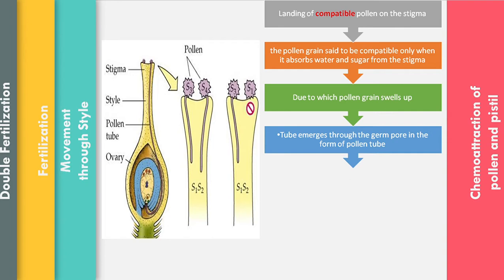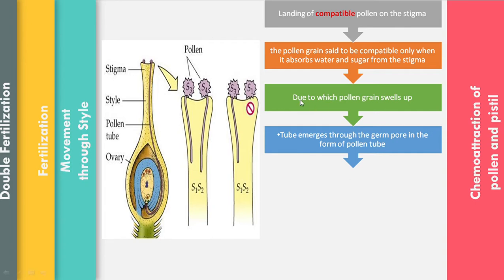The vegetative cell forms the pollen tube that emerges through the germ pore, whereas the generative cell forms the two male gametes.